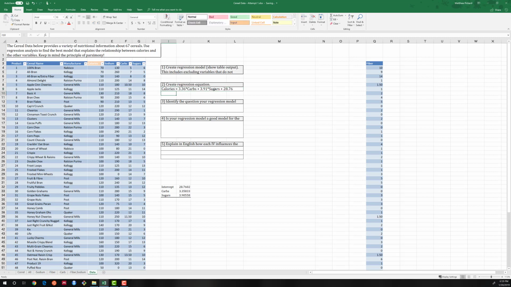And that would be the equation that we would then use out in practice in our business to actually calculate or estimate the calories in the cereal, or to explain what the calories are attributed to.